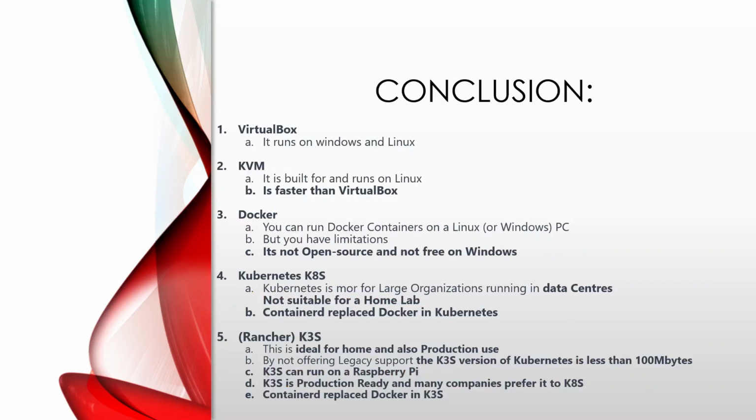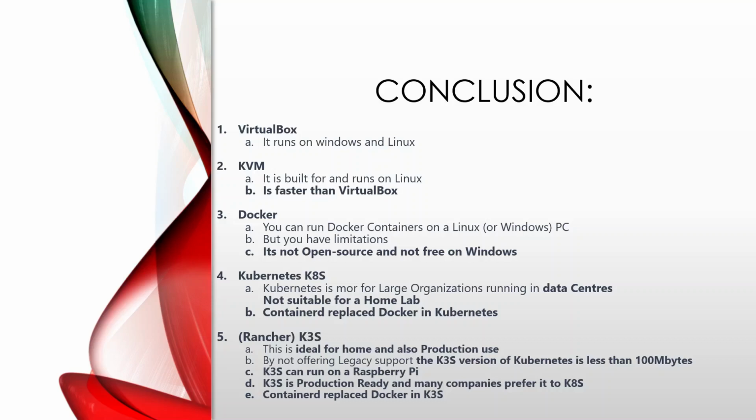And now to conclude, we saw how one could use VirtualBox or KVM to create virtual machines, and these could be used as servers. We also saw that instead of running with heavy virtual machines, Docker introduced us to the concept of containers, which are lightweight machines that are built around, most of the time, a Linux server.